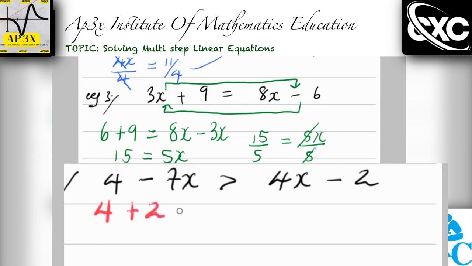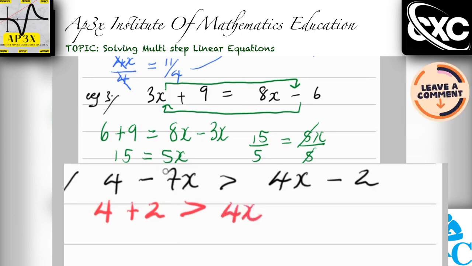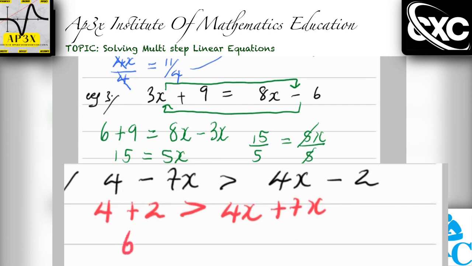And I'm going to keep my sign in the same direction. I'm going to have 4x, and negative 7 goes on the right hand side and becomes positive 7x. All right, so 4 plus 2 is in fact 6, and that's going to be greater than or equal to 4x plus 7x, which is in fact 11x.